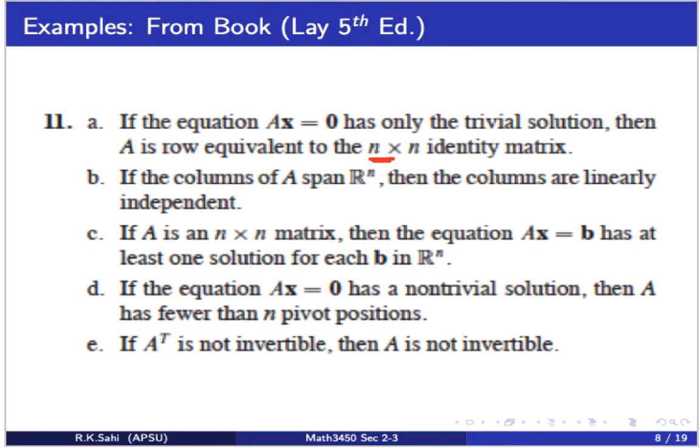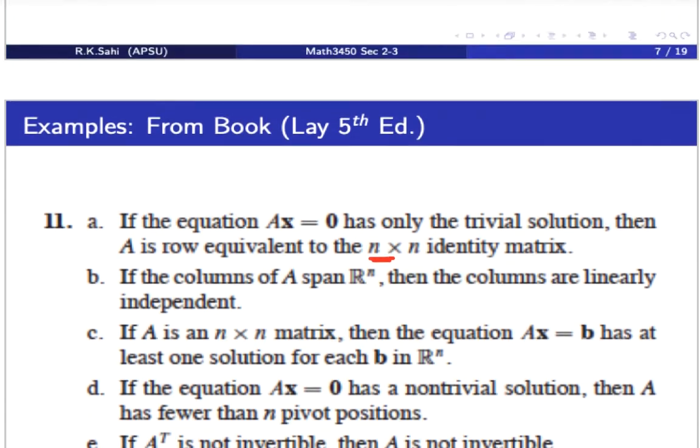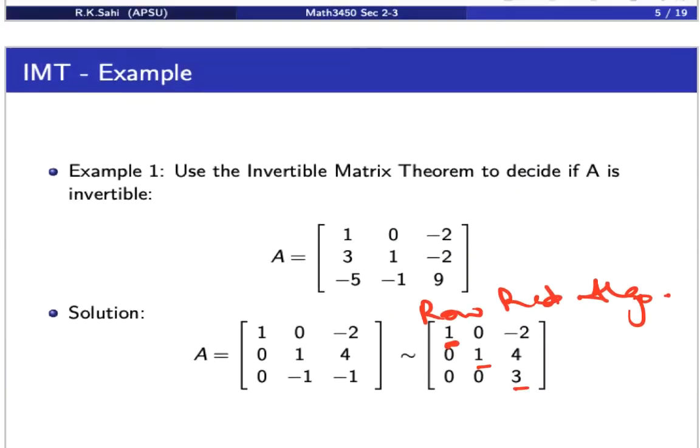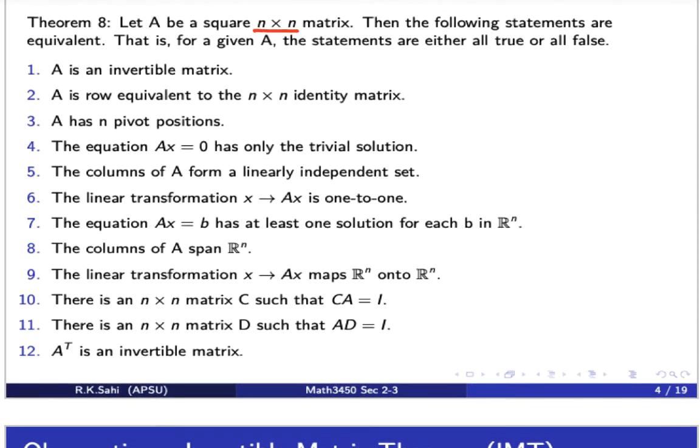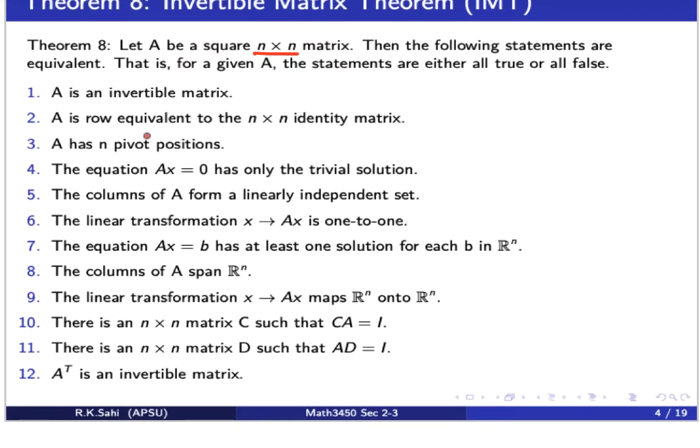When we go back to our IMT, we are looking at statement number 4 and statement number 2. Statement number 4 says that the equation Ax equals 0 has only the trivial solution, and statement number 2 says A is equivalent to the n cross n identity. So we're looking at these two.